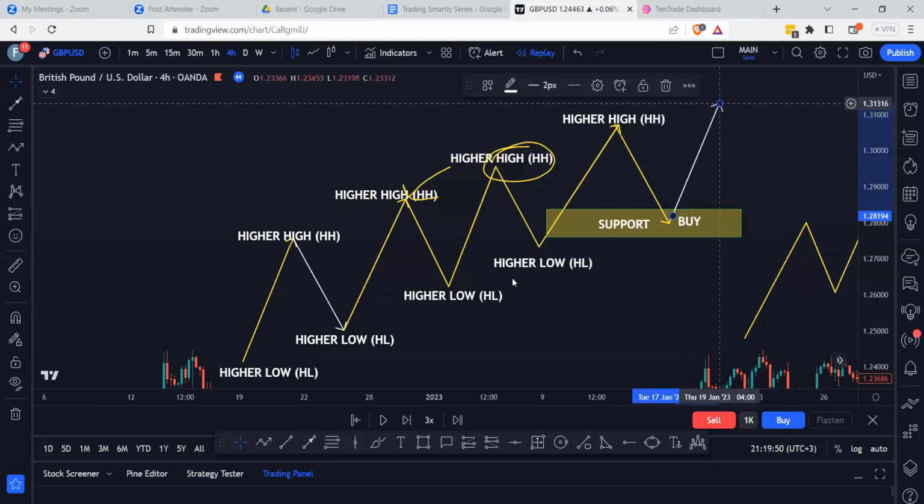Okay. Do you understand that concept? Buying at support in an uptrend and selling at resistance in a downtrend. If you understand it, type in anything in the chat box this time. Okay, let me know if you understand that perspective. That perspective of buying at support in an uptrend and selling at resistance in a downtrend.